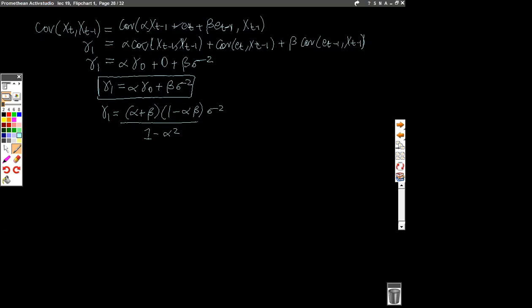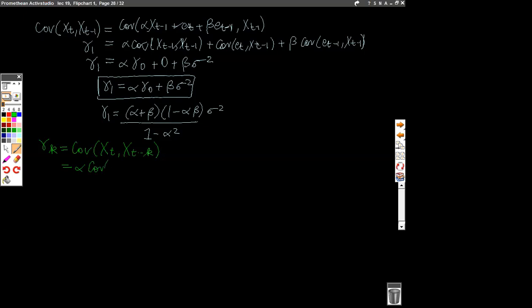Now let us try to figure out what happens if you have a general lag k instead of 1 or 2. So gamma k will be covariance of xt with xt minus k. I can just rewrite that. Again, I'm directly doing this step, so I hope you are all used to this by now.